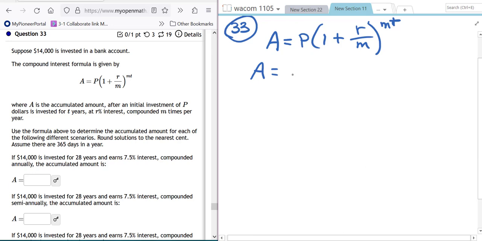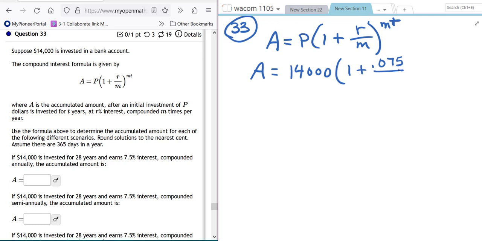All right, your original amount is 14,000. The 1 is a constant. Your rate, 7.5%. Drop the percent and go 2 places to the left, 0.075. Now, the compounding here you have to read carefully because they're telling you 365 days in a year. But this tells you, and I'll use the mouse so you can see it, it's compounded annually.